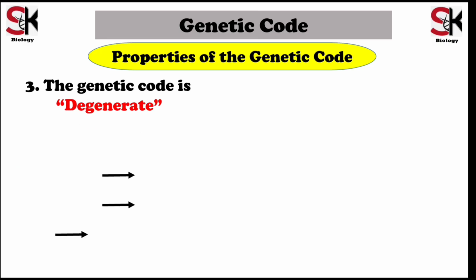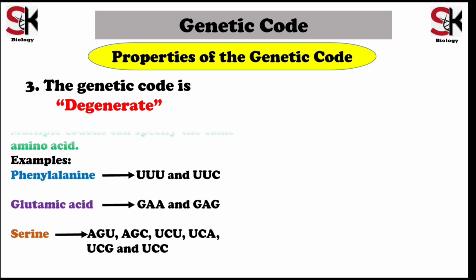Third property, the genetic code is degenerate. As we know that 61 codons code 20 amino acids. These extra codons present in the genetic code are actually responsible for this property of degeneracy, where multiple codons can specify the same amino acid. For example, phenylalanine can be coded by two different codons.